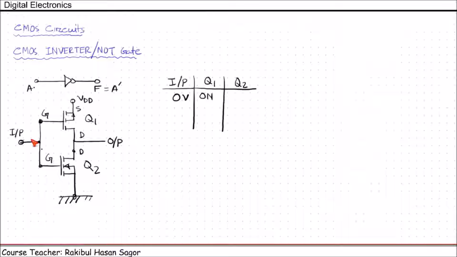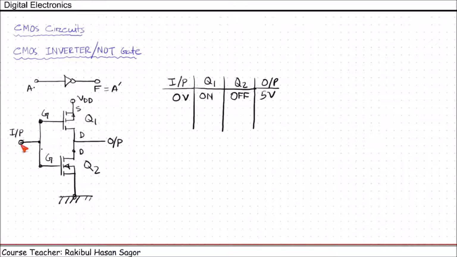And when we provide 0 voltage to the gate of the NMOS, then NMOS will be off. So this side will be short circuited and this side will be open circuited. When this source to drain is shorted, what will be the voltage on the output side? The output voltage will be 5 volt.